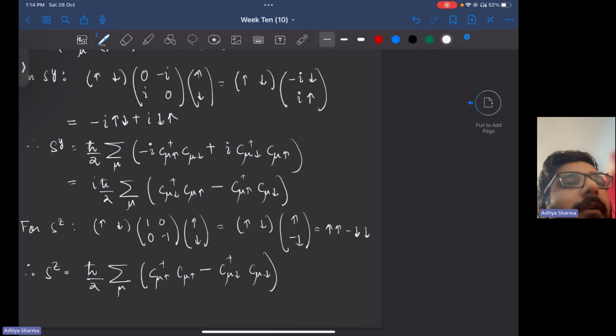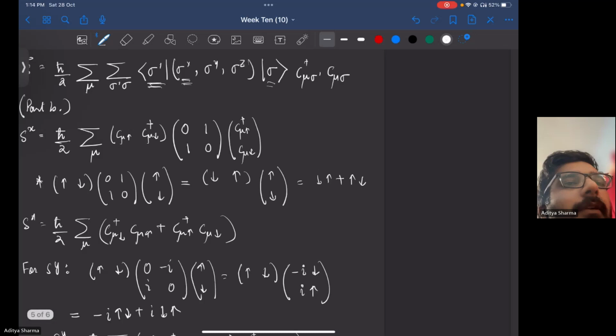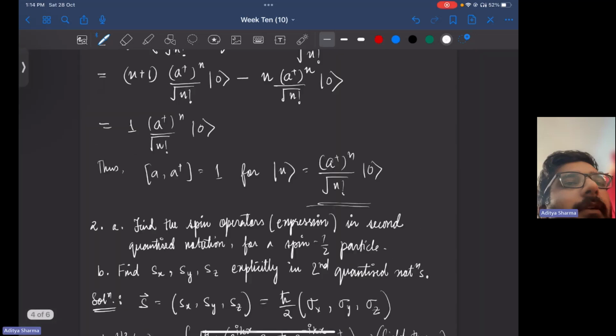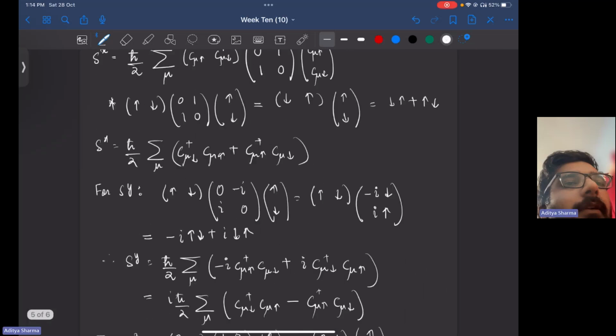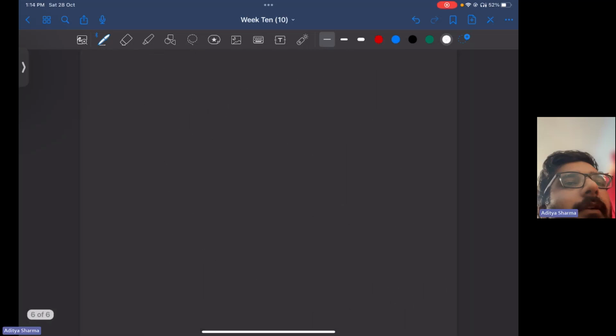Let us do the third problem, which is, we want to do the same thing for the kinetic energy.